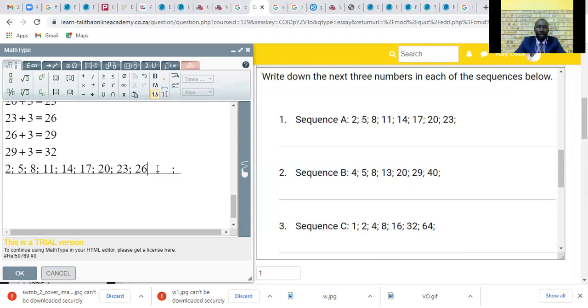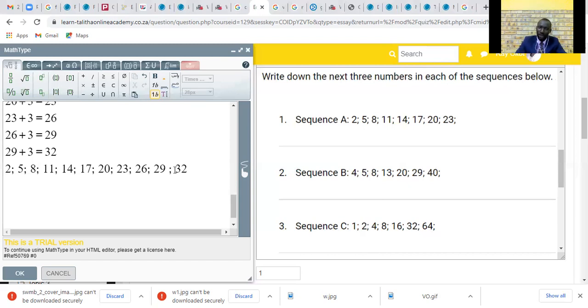And onto 26, what do we have? Well, onto 26, we have 29. 29, yes. And onto 29, what do we have? Onto 29, we have a 32. Yes. After 29, we have a 32. So yes, this forms the sequence. And this is the solution to question 1.